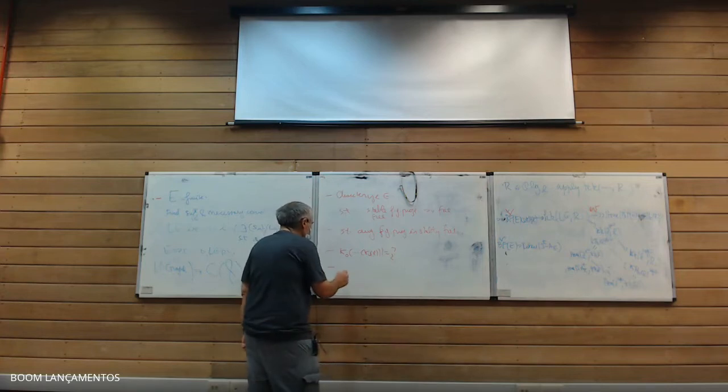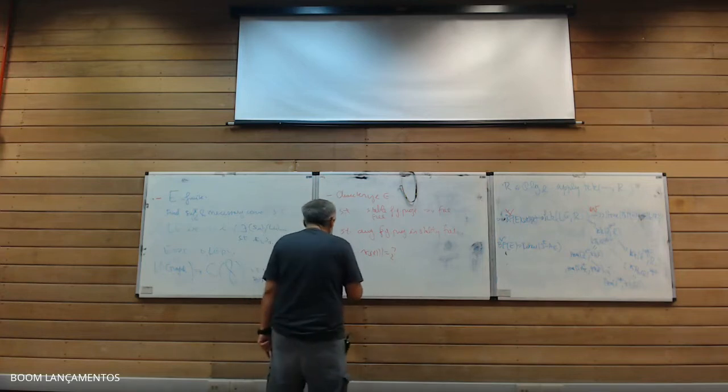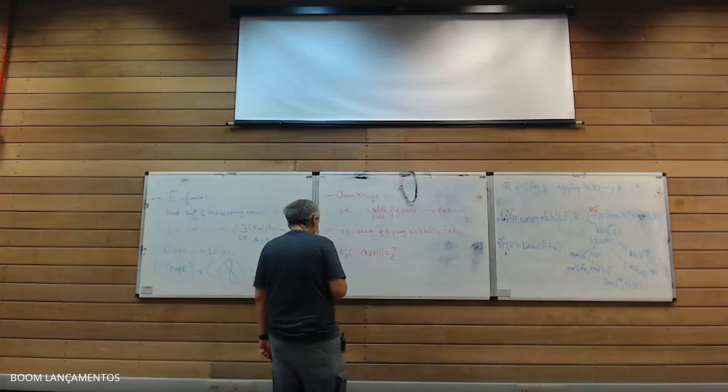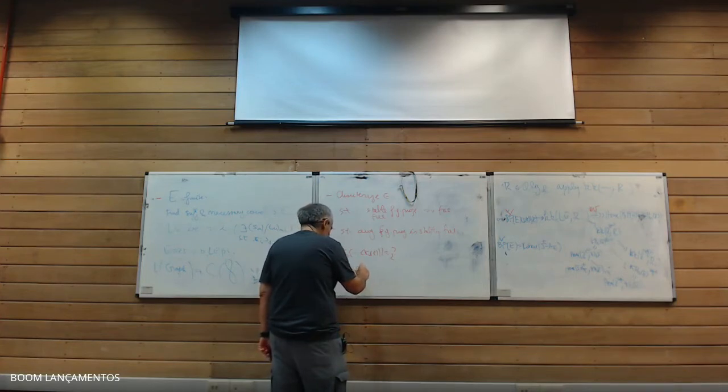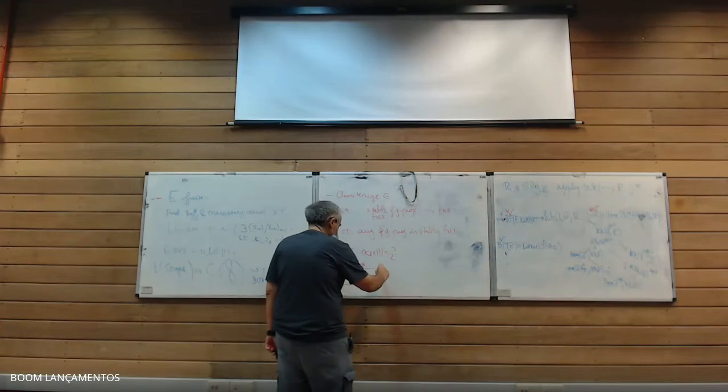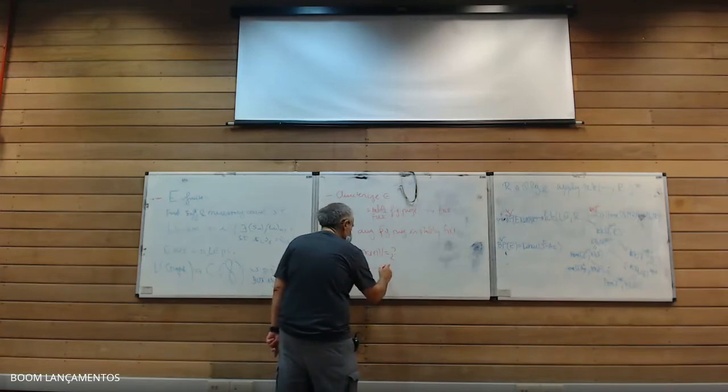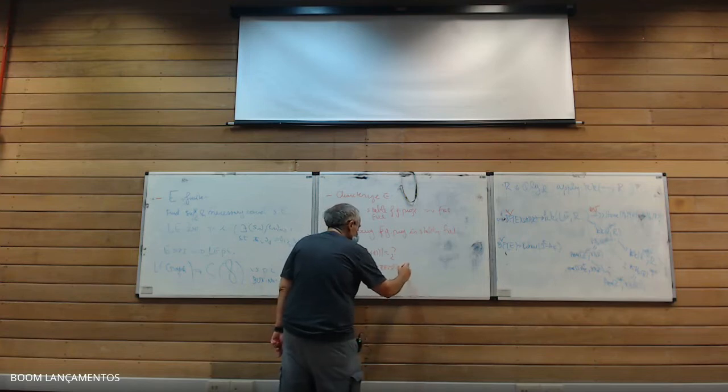And I also asked, say, if K0 of LE star for L equals C, so the map from here to here is an isomorphism.